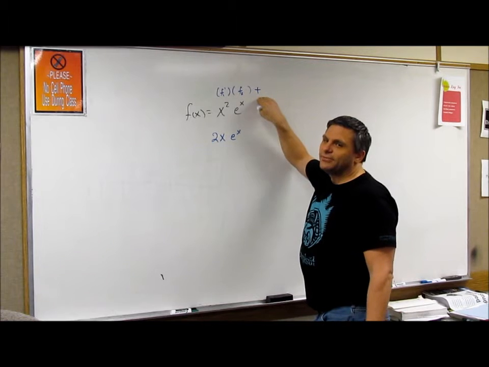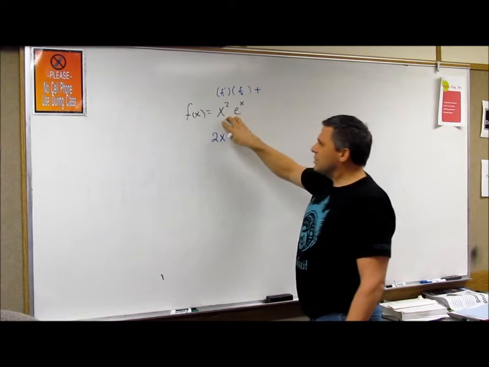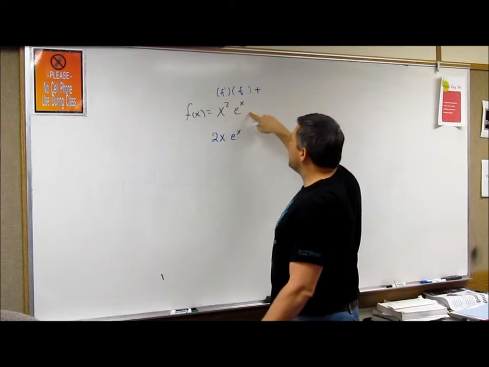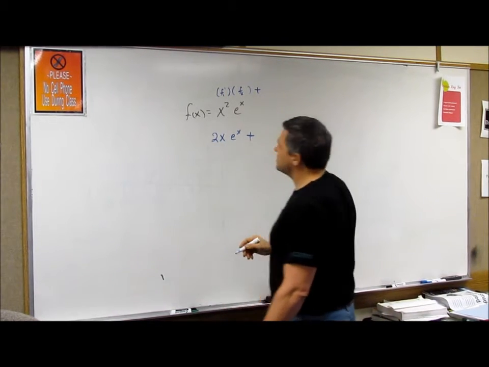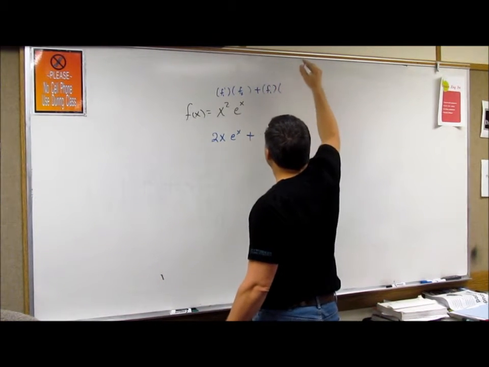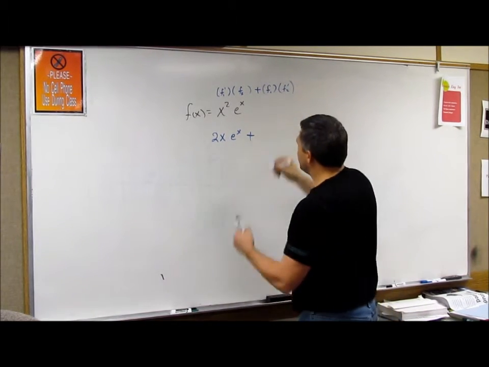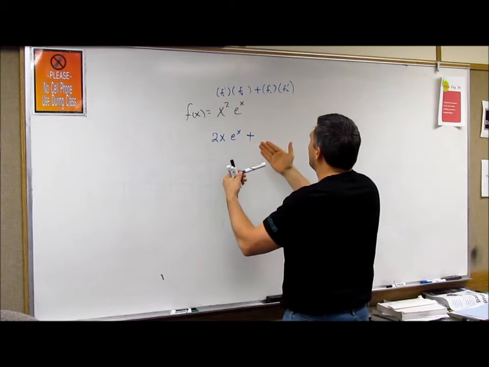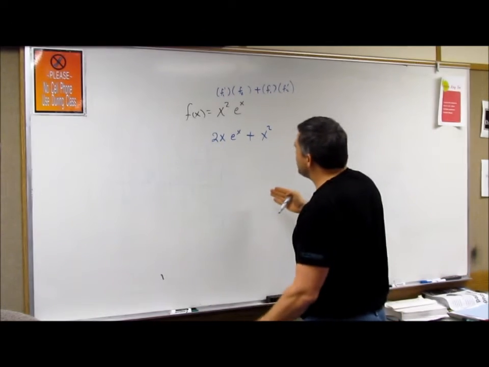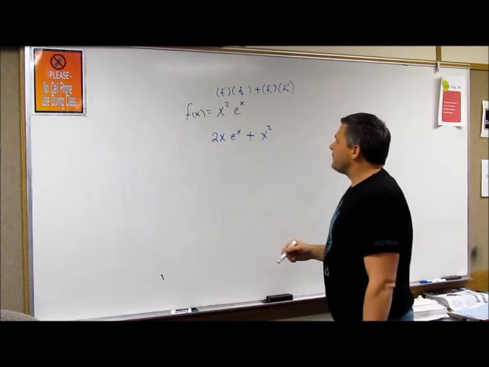When we're doing a derivative of a product of 2 functions, we're going to do the derivative of the first function times the second function plus, right, the first function times the derivative of the second function. Okay? So, I just have to take the first function, which is x squared, and times it by the derivative of the second function.